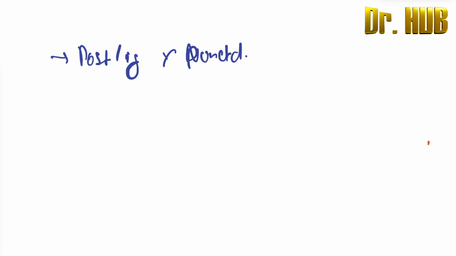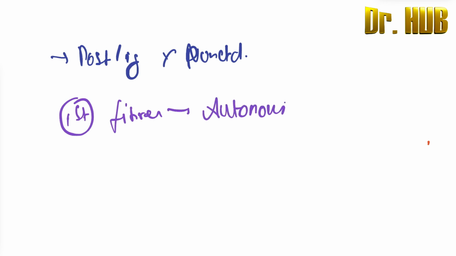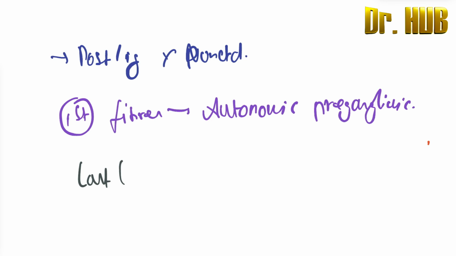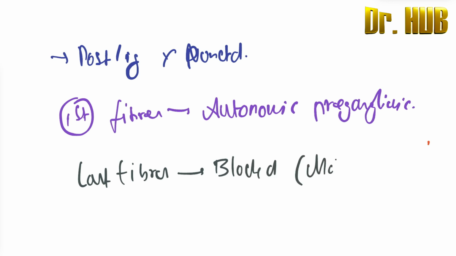What is the first fiber to be blocked? The first fiber to be blocked is the autonomic preganglionic. Then the last fibers to be blocked are the motor.